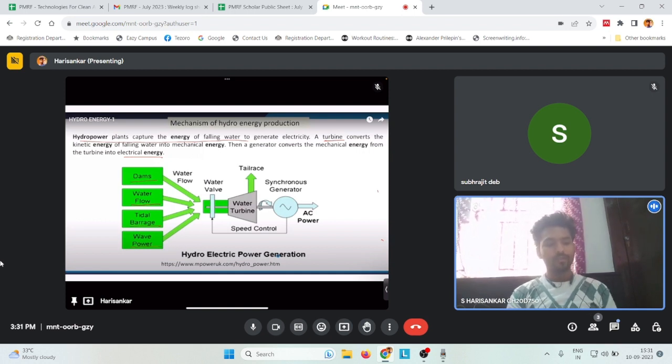Water will be flowing, and this flowing water will enter the water turbine, where its kinetic energy is converted into mechanical energy, and this mechanical energy is then converted into electrical energy by a generator, and we finally get electricity as the output from the flow of water. That is basically the schematic of the production of hydropower energy.